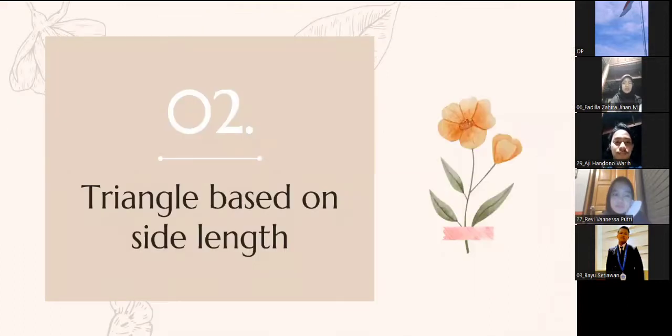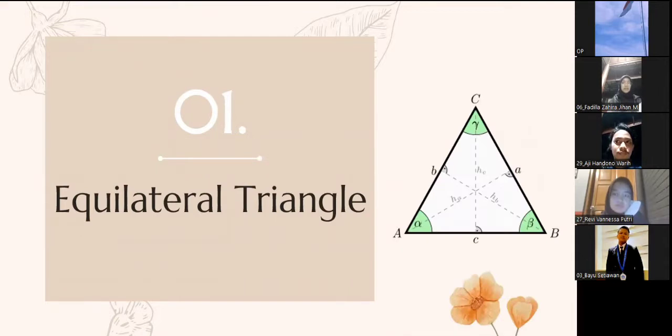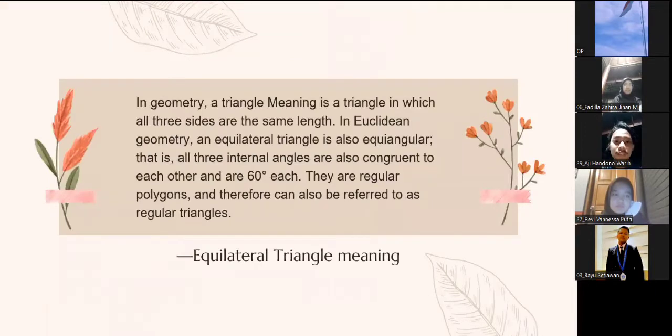Okay, number two is triangle based on side length. Number one is equilateral triangle, which will be explained by Aci. Okay, thank you, Fadila. Number one is equilateral triangle. In geometry, an equilateral triangle is a triangle in which all three sides are the same length.